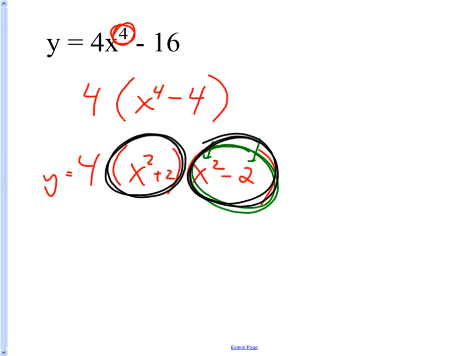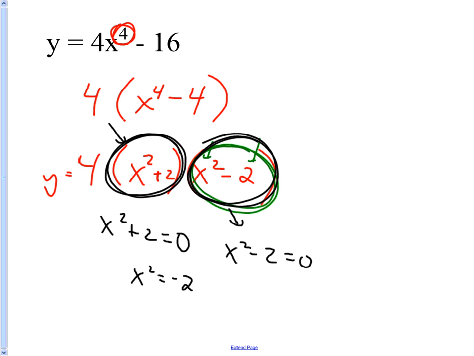All right, here's how I can tell. I'm going to set this one equal to 0, because that's the point. I want this equal to 0, so the whole equation will crash. And then I want this side over here equal to 0. And then I just go the next little step, which is x squared equals negative 2, and x squared equals 2. You see how I solved that so far? Now, which of those looks like it's not going to work out so nice?